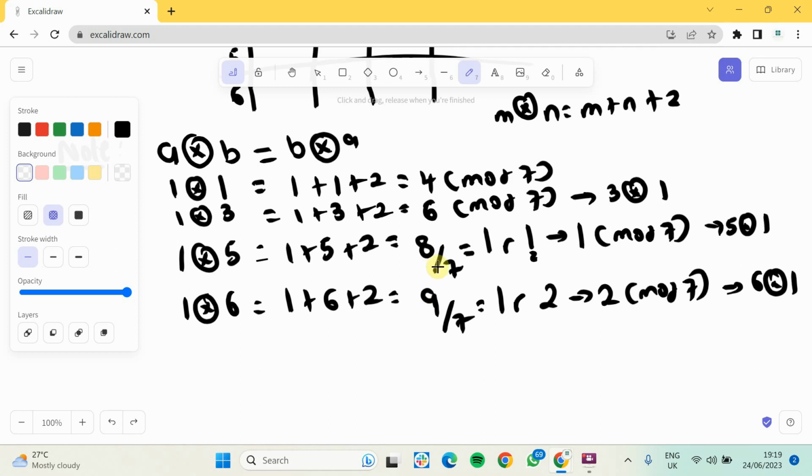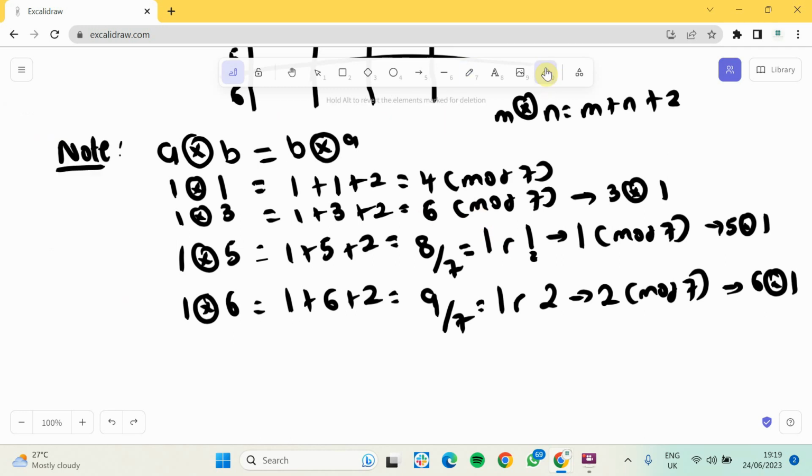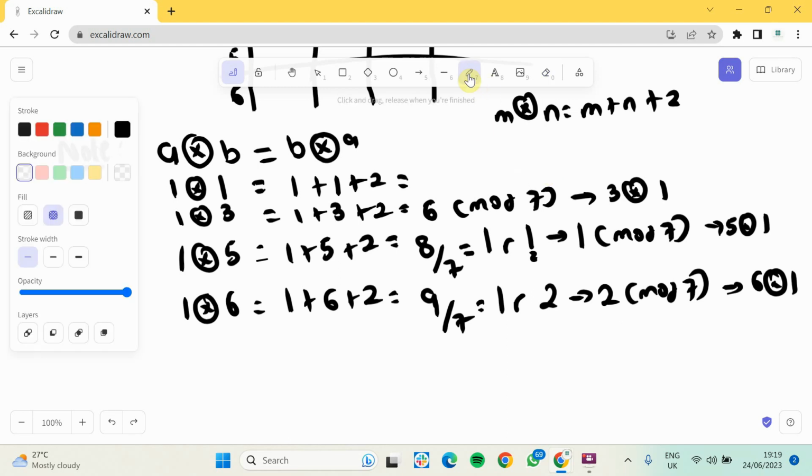So I know a question can be asked. You might ask why it is that we did not divide all these 4 and 6 by 7. We actually did, just that the value is smaller. So let's do that so that we will see it. When we say 1 plus 1 plus 2, that will give us 4. If I divide 4 by 7, this will give me 0 with the remainder of 4.